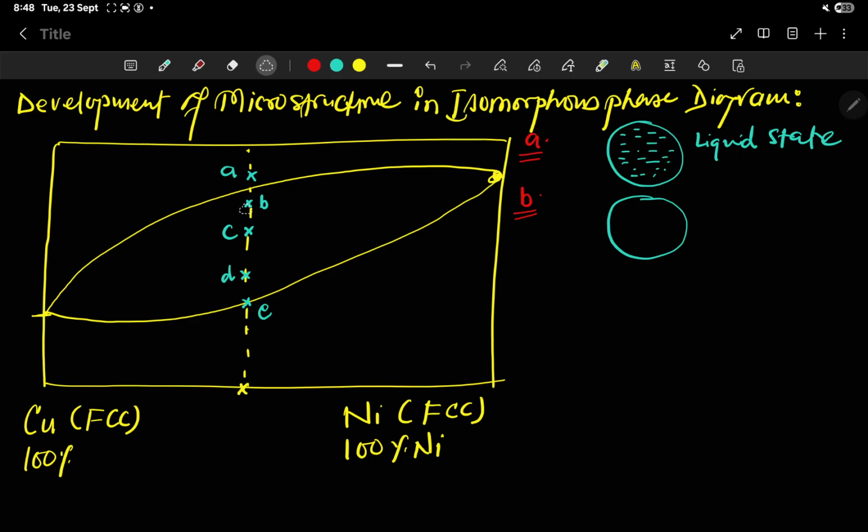Okay, so at position B, what is going to happen, we will be having this liquid phase, because this is in the mushy zone, and we have alpha plus L. This is L, this is alpha plus L, this is the alpha region, that is the solid region. So here nucleation will start.